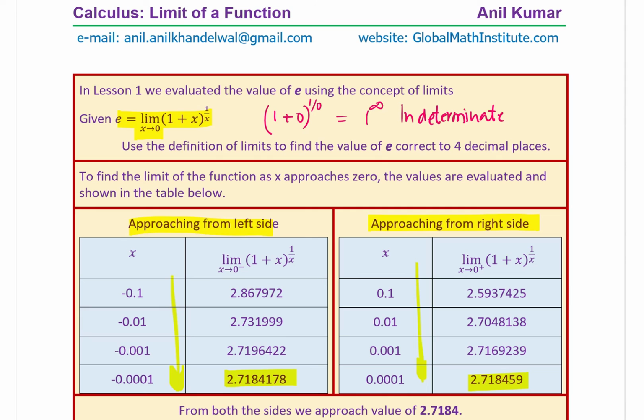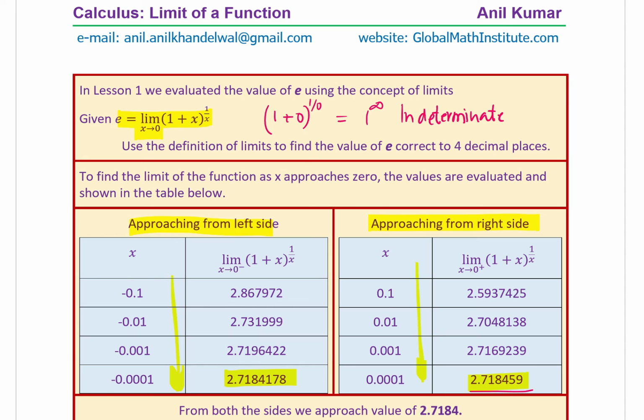Why? You say 1 to the power of anything is 1? But this is 1 to the power of an infinitely large value. Will it be 1? That's a big question, correct? We have seen it's different. When we worked it out, it came out to be 2.7184. It is not 1. So it was an indeterminate form, correct?